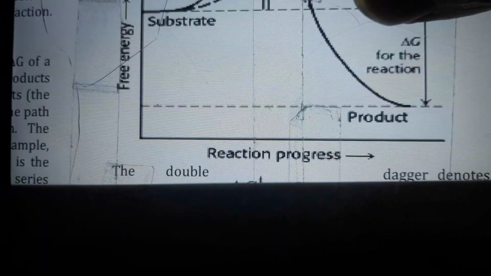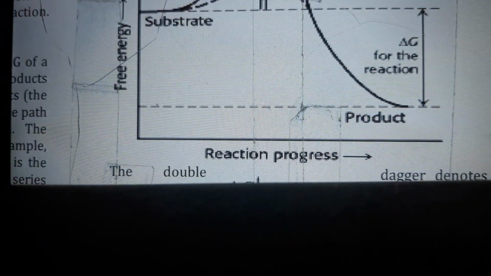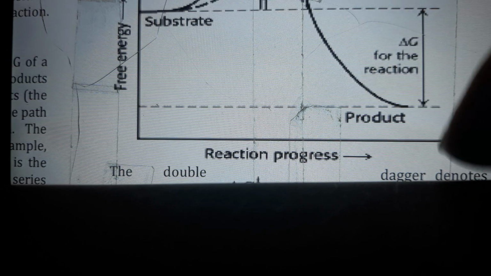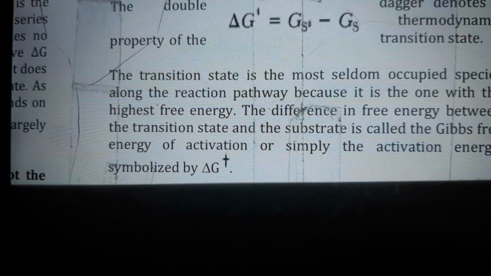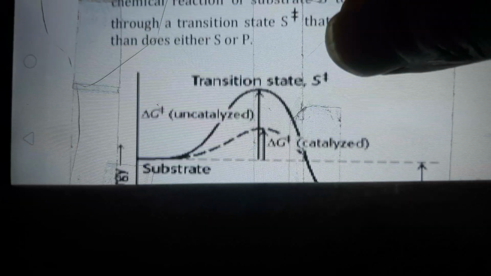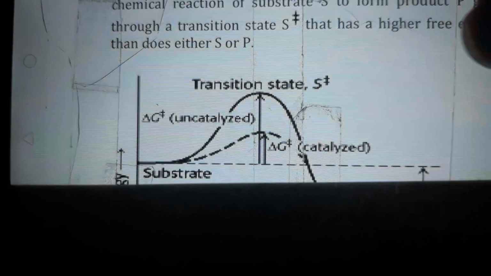So this is the diagram of the transition state, the substrate, which is uncatalyzed. Here, free energy is uncatalyzed, free energy is catalyzed. You go for a product where free energy for the reaction shows the difference in free energy. And that's the progress of the reaction. The double dagger denotes, you see this notation of S double dagger, that has a higher free energy.